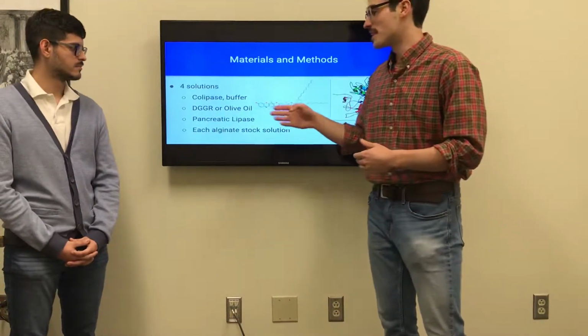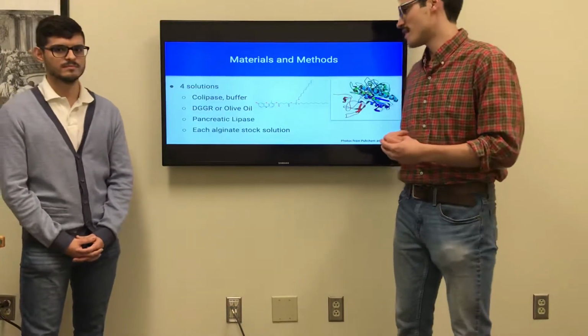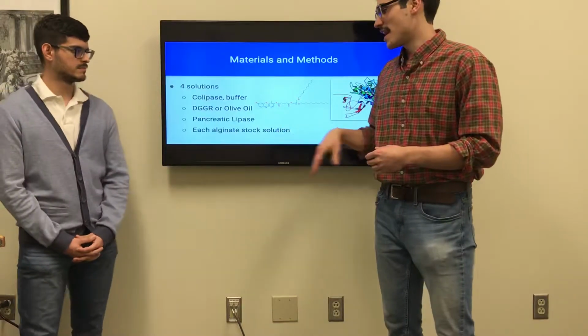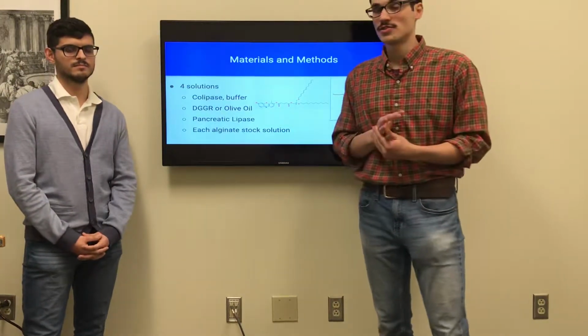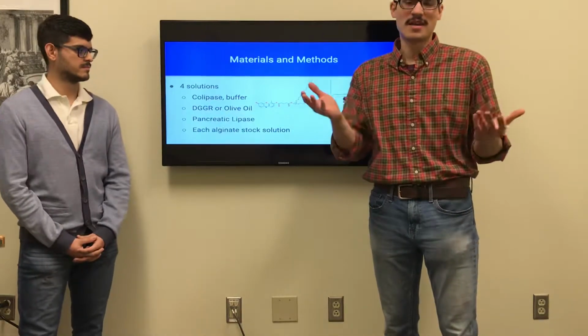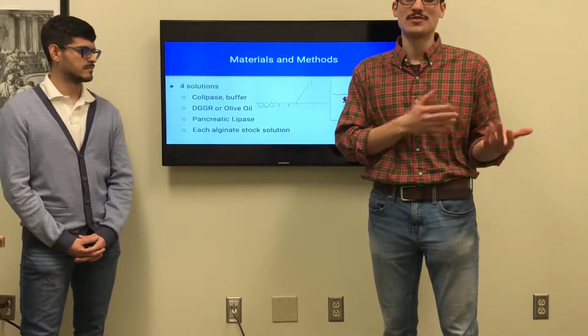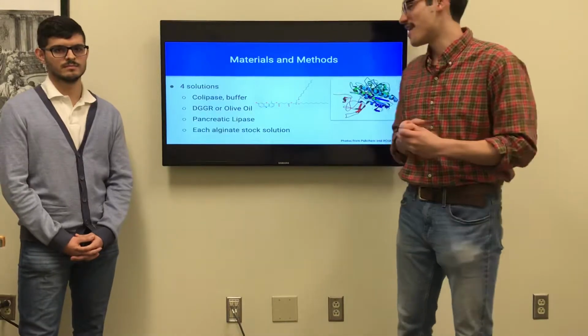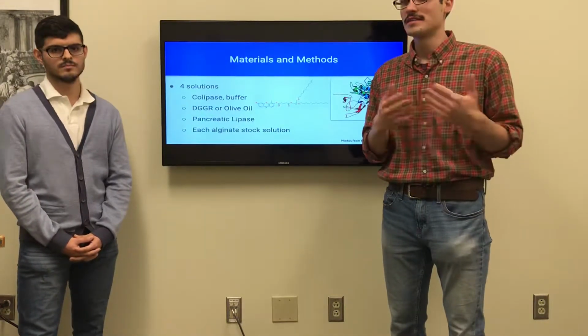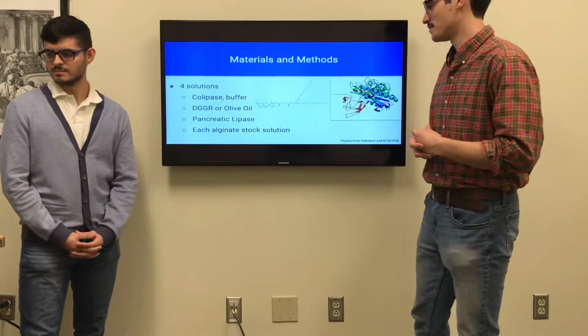In the next solution, they had pancreatic lipase, and then following that, they had the alginates. Alginates are sourced primarily from seaweed, but they also used artificial sources of alginates, and that was the 4th solution. Again, there were 23 different types that they used.